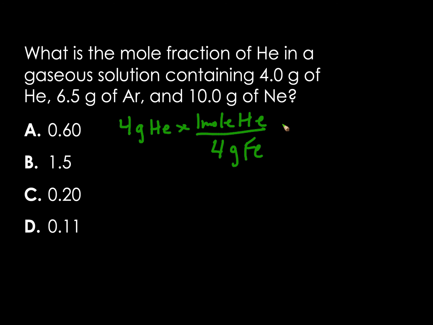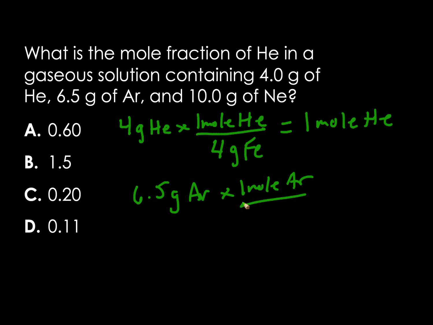So 4 divided by 4 we know is 1 mole He. Then 6.5 grams of Ar times 1 mole of Ar. Argon, the molar mass, is 39.95. So we have 6.5 divided by 39.95, and we get 0.16 moles Ar.